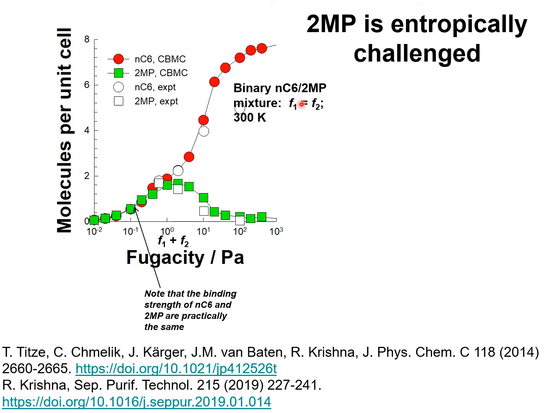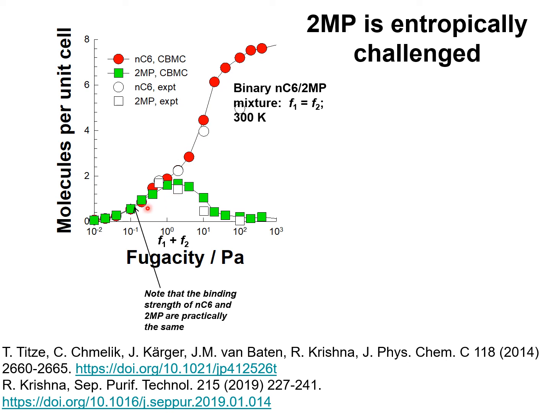Configurational bias Monte Carlo simulations were conducted for binary mixtures of normal hexane and 2-methylpentane. The bulk fluid mixture is equimolar. In other words, the partial fugacity of normal hexane is maintained the same as the partial fugacity of 2-methylpentane. The component loadings in the adsorbed phase are plotted here.